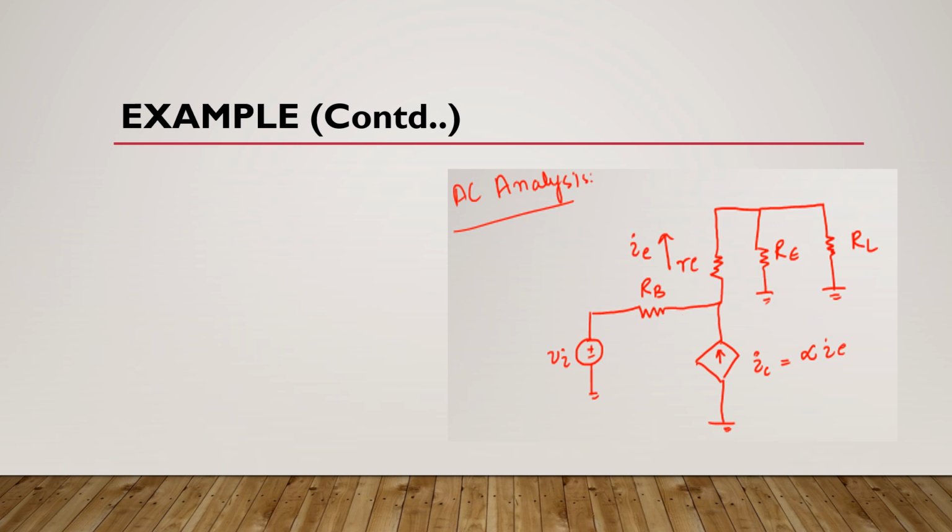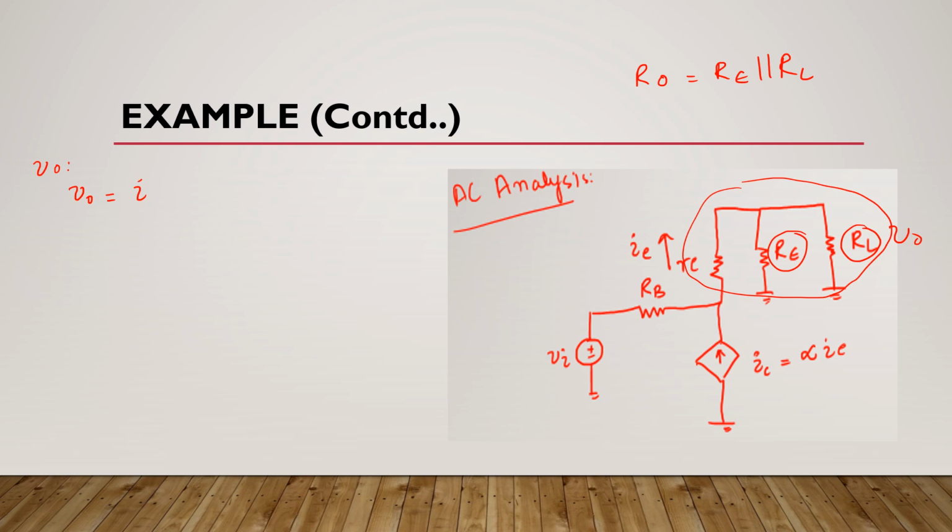Now we will find output voltage. We know that output voltage is present here in this region, and since this RE and RL are in parallel configuration, their equivalent resistance is R naught. It means this output voltage is equal to IE multiplied by R naught.